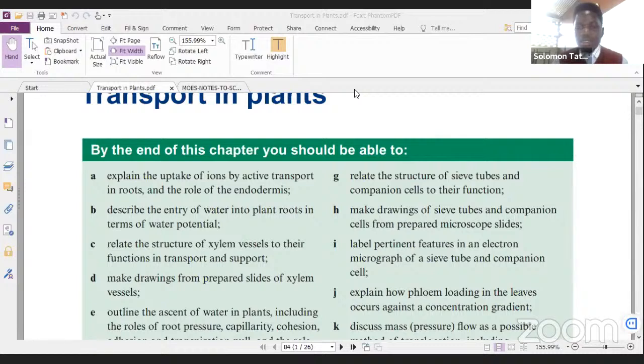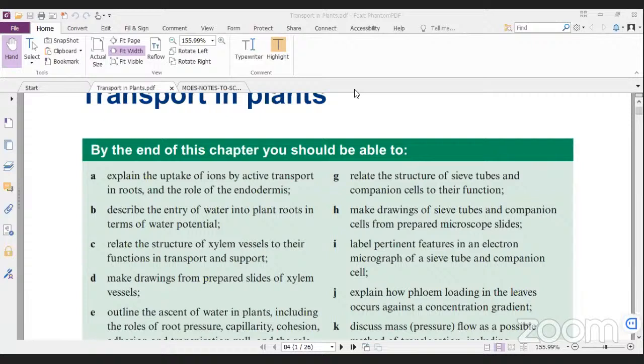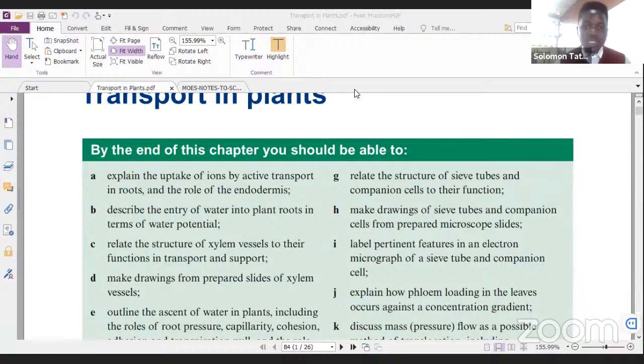Water, ions, and food materials. Okay, good. Ambrose says water, ions, mineral salts. That is very correct. And Daphne says water and mineral salts. That is also correct. Good job.